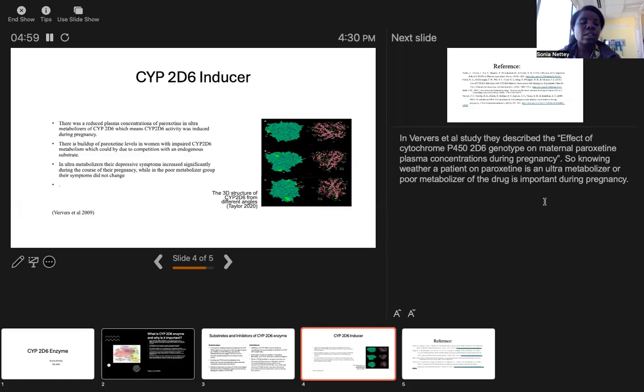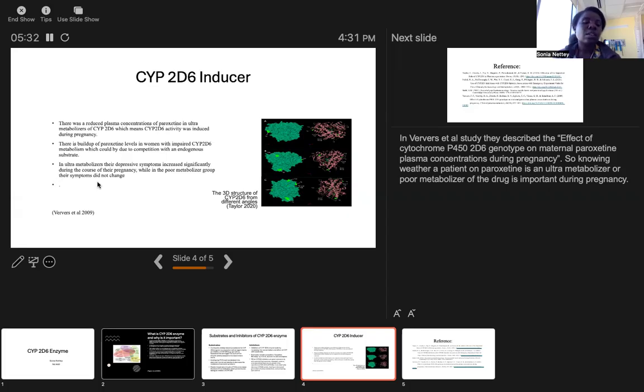They realized that there was a reduced plasma concentration of paroxetine in ultra metabolizers of the enzyme, which means CYP2D6 was induced during pregnancy. And then there was a buildup of paroxetine levels in women with impaired CYP2D6 metabolism, which could be due to competition with an endogenous substrate.